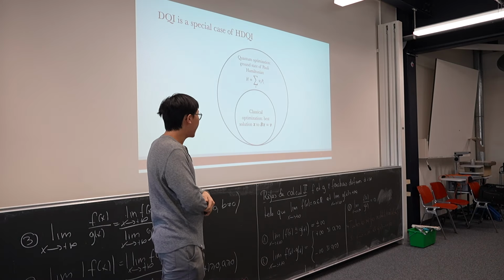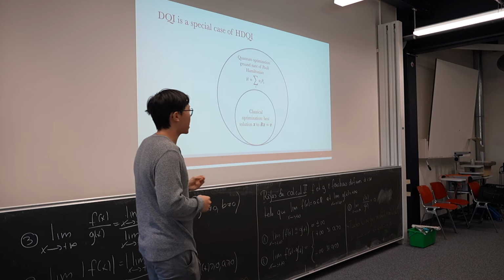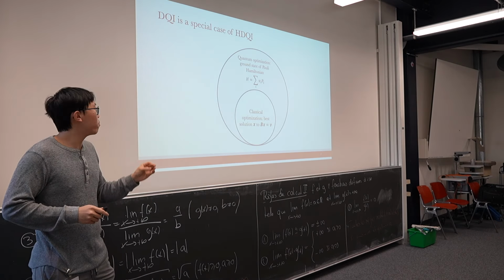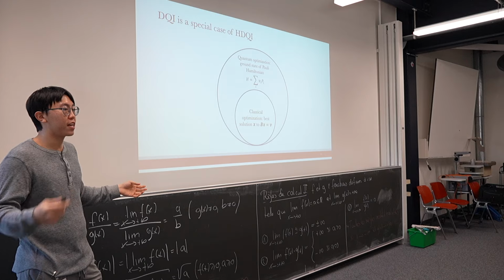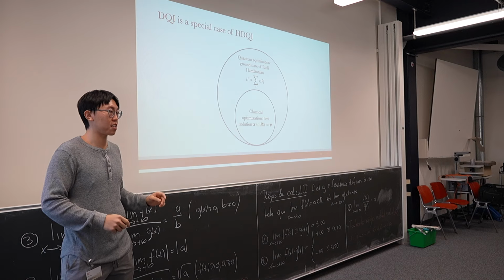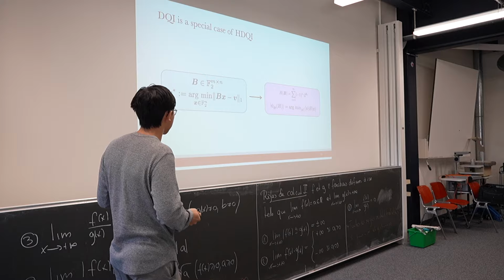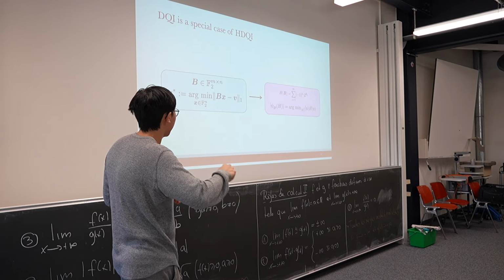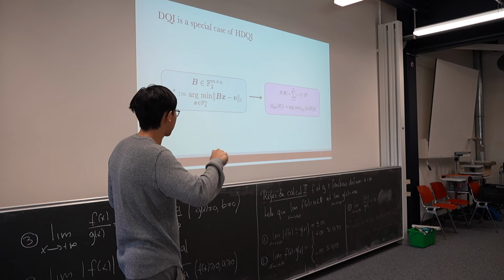I should mention right off the bat that HDQI is actually a strict generalization of DQI. So anything that DQI does is also contained in HDQI. But there are things that HDQI does that are not contained in things that DQI does. So this mapping can be made very explicit. This is DQI, right? You take your constraint matrix B and this optimization objective.